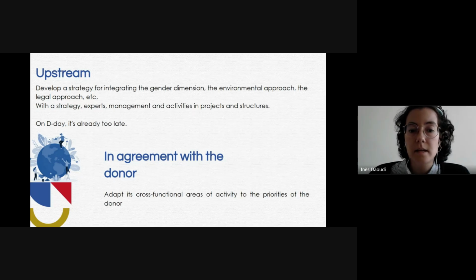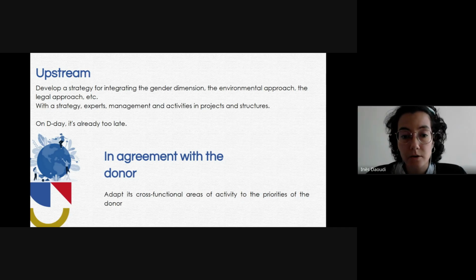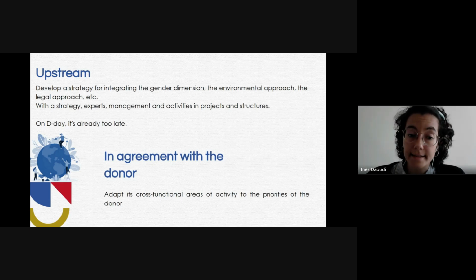Okay, the same with environmental sustainability. So in order to minimize the negative impacts of the project, or to take into account different environmental aspects such as climate change, biodiversity, land degradation, water and air pollution. So all those cross-cutting issues are important to improve the effectiveness and also the impact of projects, as well as to meet donor requirements.